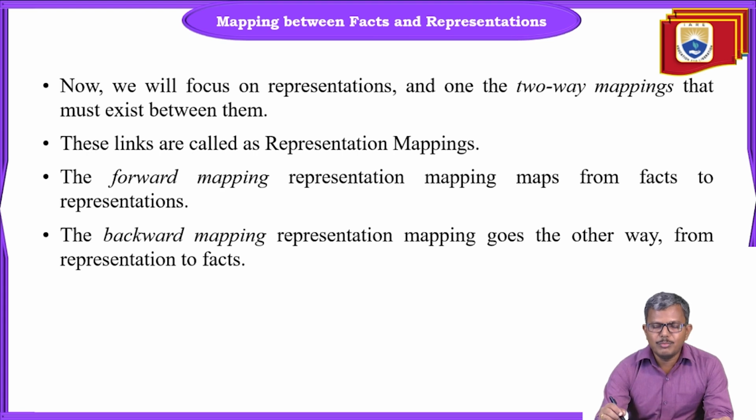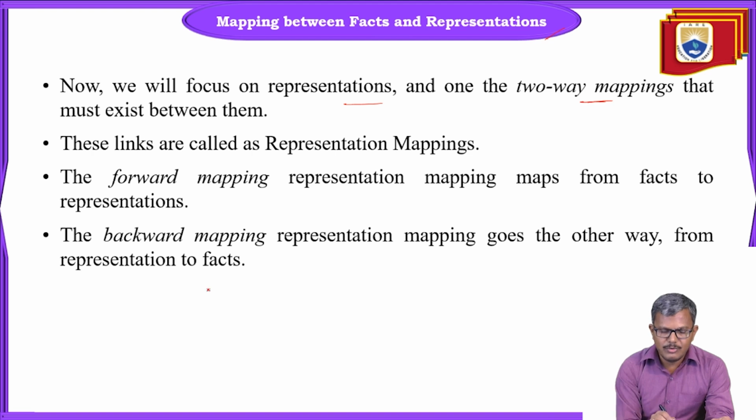Let us try to give a mapping between the facts and the representations. If you are focusing on the representations, then we can clearly say that it should be a two-way mapping representation. Why? Because there must be like that. We are going to have some kind of facts and some kind of representations.